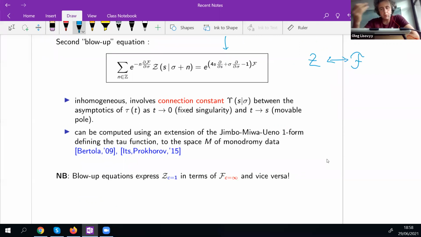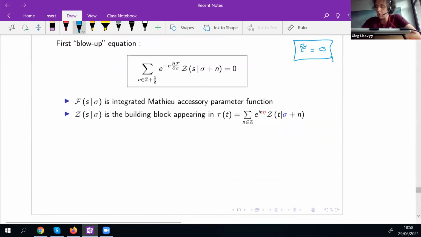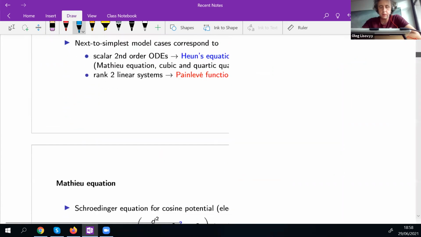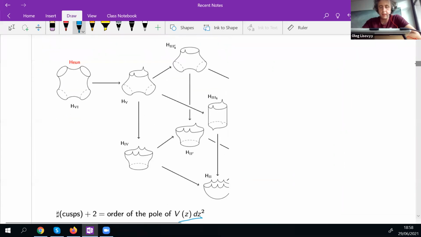So if you know somehow the series expansion of the quasi-classical conformal block, then you can compute the series expansion of the C equal to 1 conformal block and vice versa. Now, why is this interesting, in my opinion? It's because of the lower part of this degeneration diagram that we had.